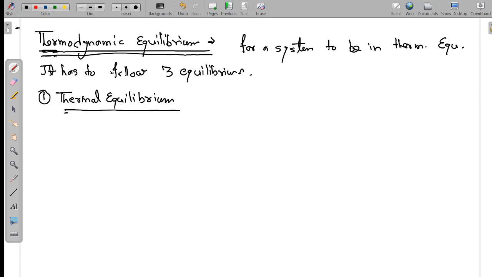As the name suggests, you can easily find out what thermal equilibrium means. Let us consider this is one body, and I am considering this body as my system. So this will be the boundary.